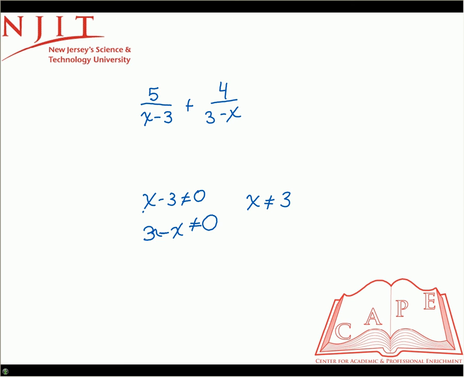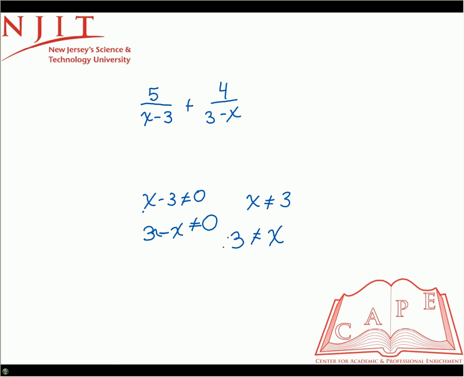And then this other one, if you move it over, that pretty much gives us 3 cannot be equal to x. So essentially, we get the same answer for both sides. So in general, that means our only domain restriction that we have to worry about is 3.